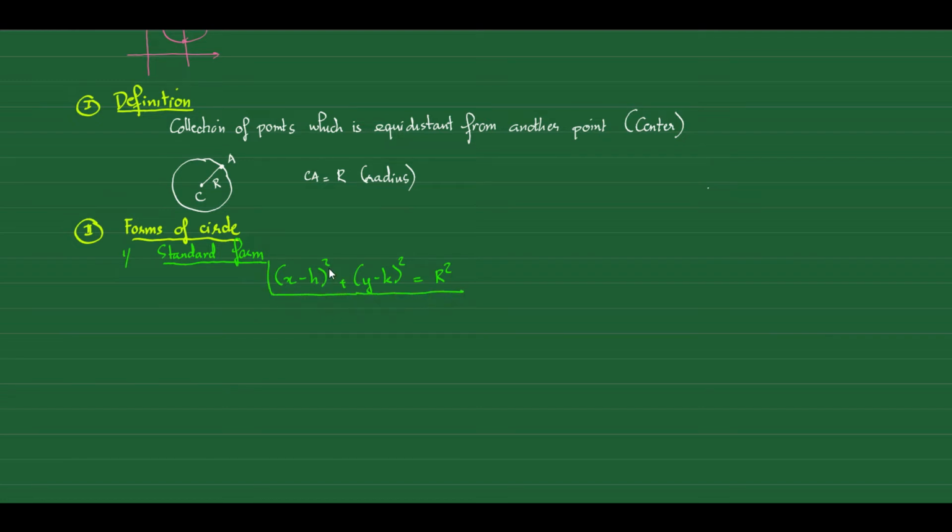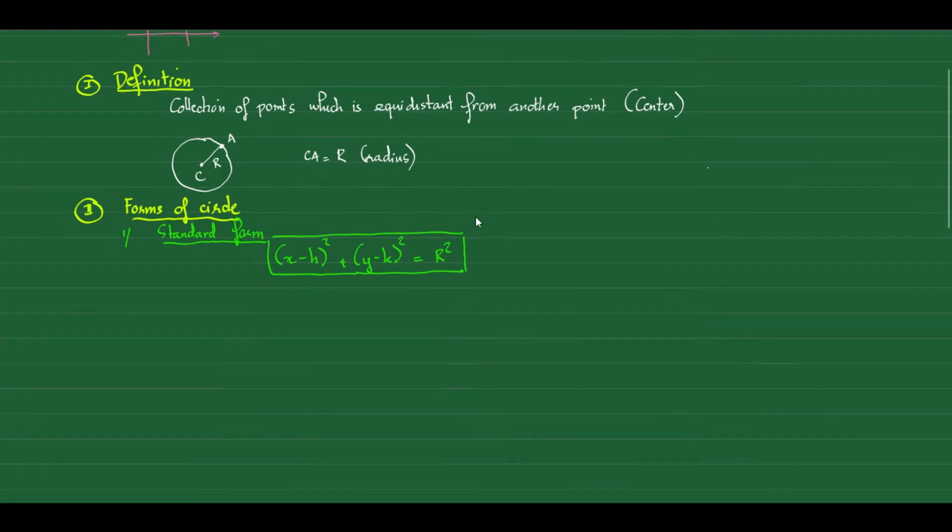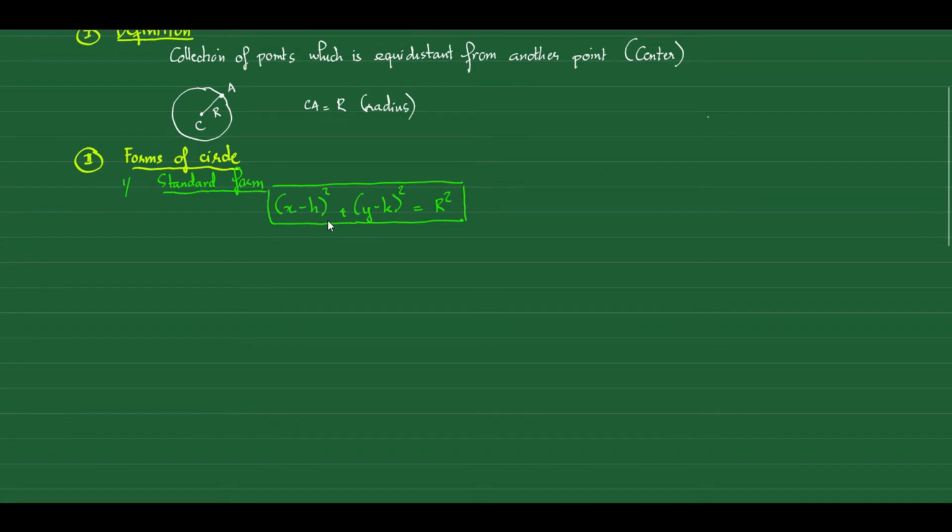I don't know if some of you took college algebra last semester, then hopefully you still remember what this looked like. So we need to explain what h and k are over here. h and k are actually the coordinates of the center. So the center has coordinates (h, k).